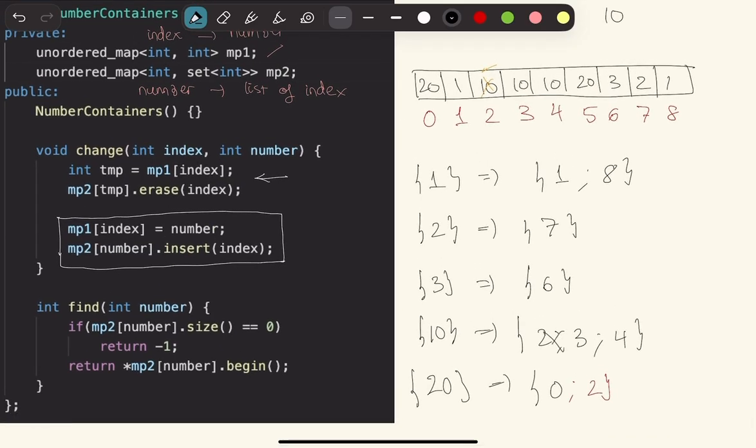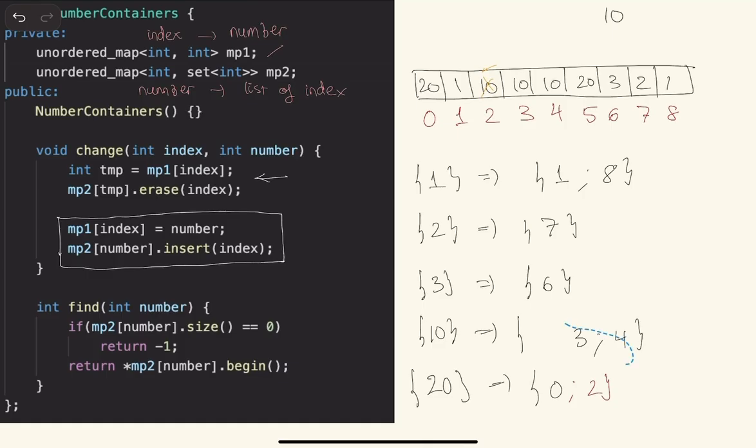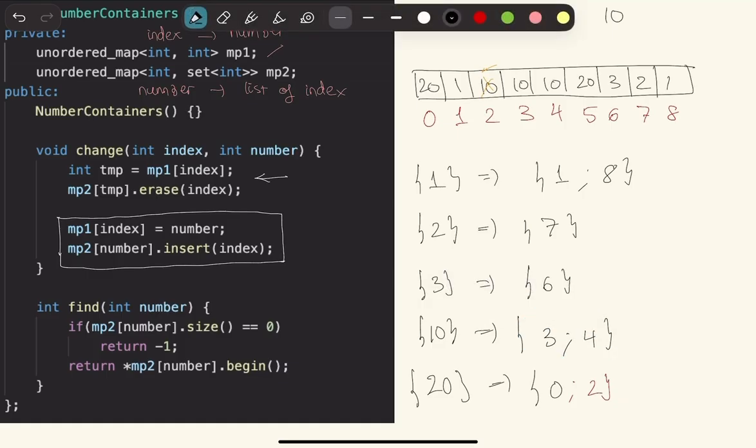So from here we delete 2, and we're left with 3 and 4. Then what you can do next is delete the 10 and put 20 directly there, so it does not cause any problem.